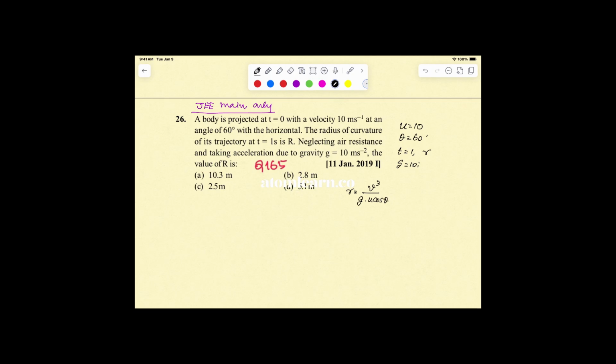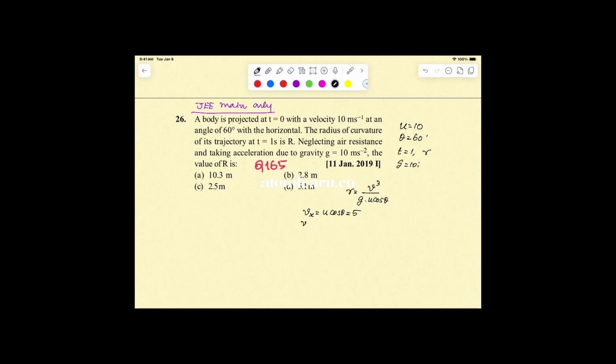Now u is known, theta is known, g is known, therefore the denominator is known. Now what is the velocity at t equal to 1? We have to find it out. At t equal to 1, the x component of velocity is the same as u cos theta, which is nothing but 10 into cos 60, which is 5.